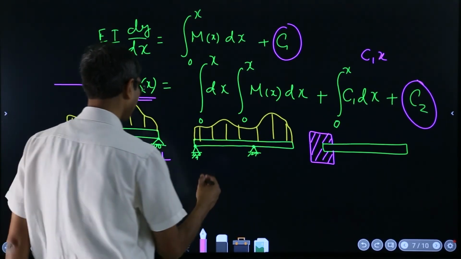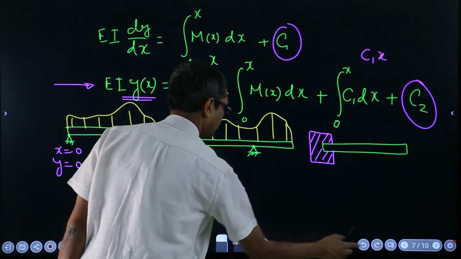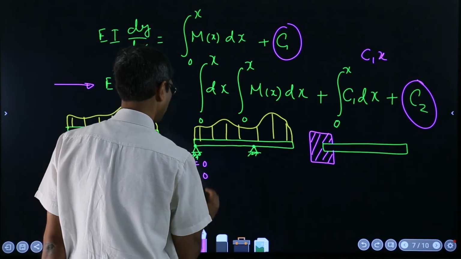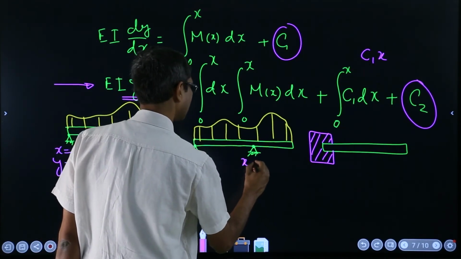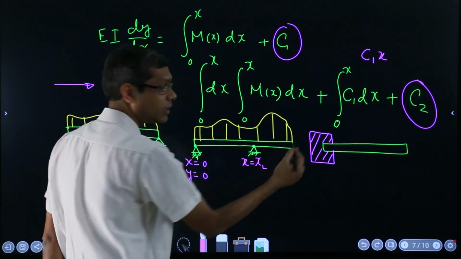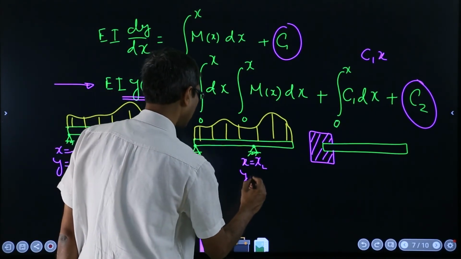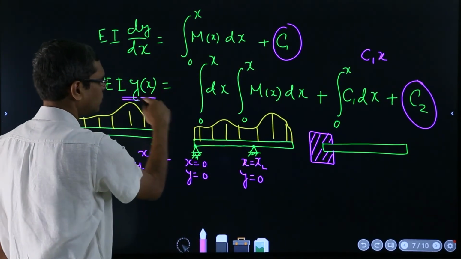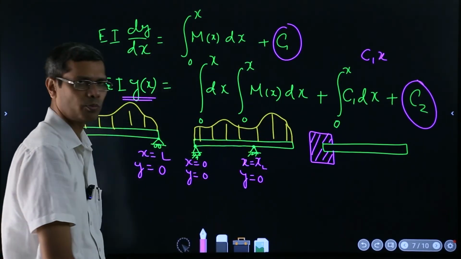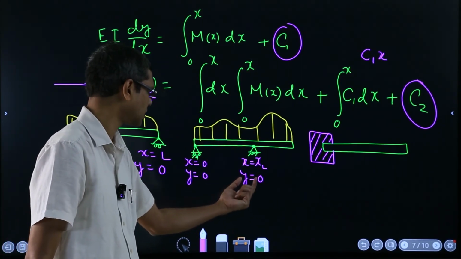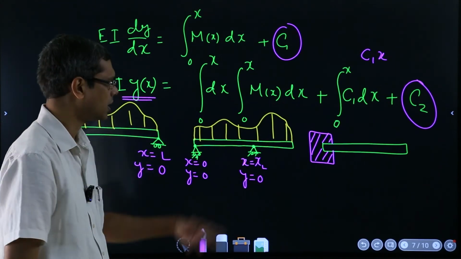And exactly the same way, here it's at x is equal to 0, y is 0, and here x is equal to some xl, that is not the full length of the beam, and again at the same thing y is equal to 0. So that means this will become 0, and again the same thing, you put this condition once to get one equation, put this condition again to get another, and done.